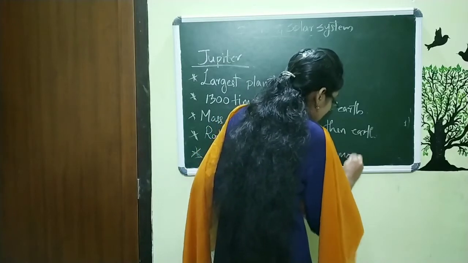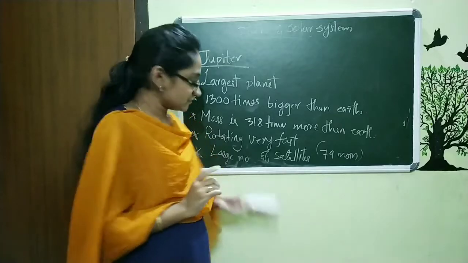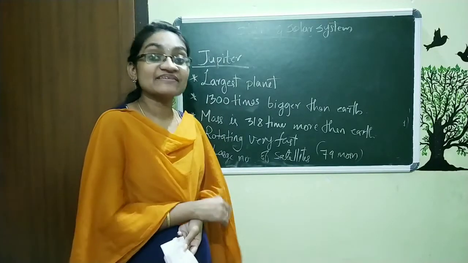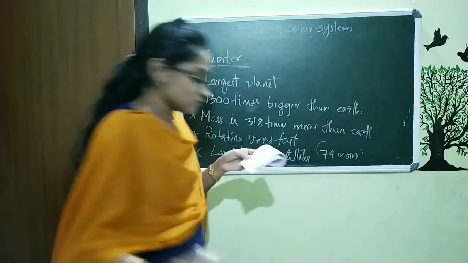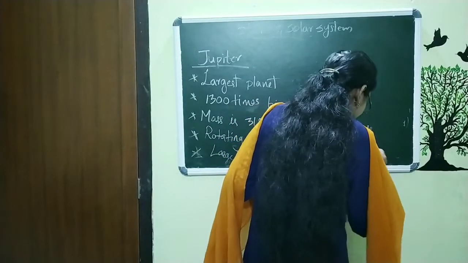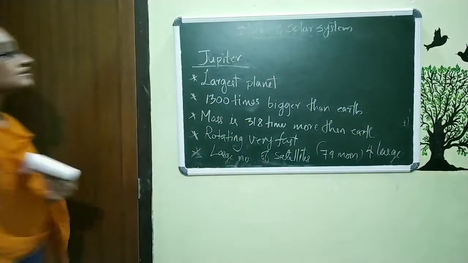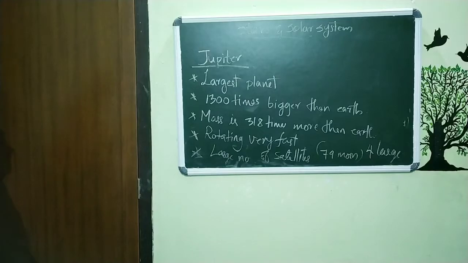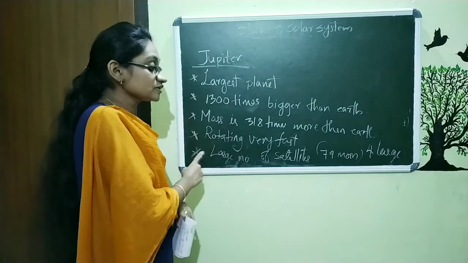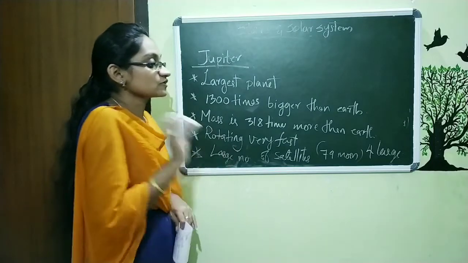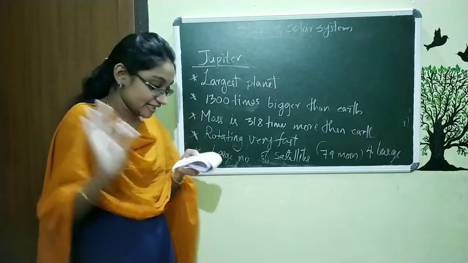Our Earth has only one moon. But Jupiter has 79 moons and among these, 4 of them are very large. So, you want to remember, this Jupiter is the largest planet, it is a very fast rotating planet, and it also has a large number of satellites. Around 79 moons are present and 4 of them are very large.